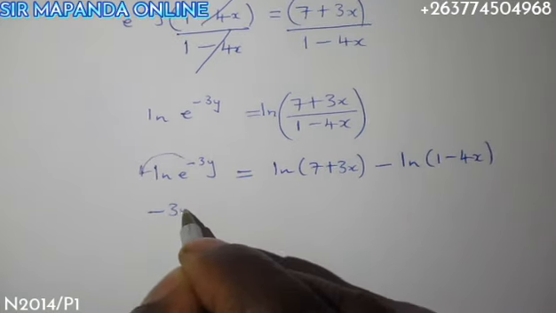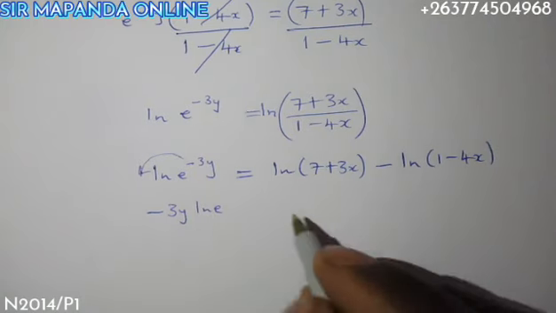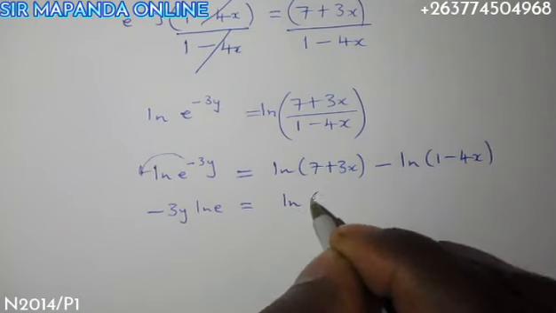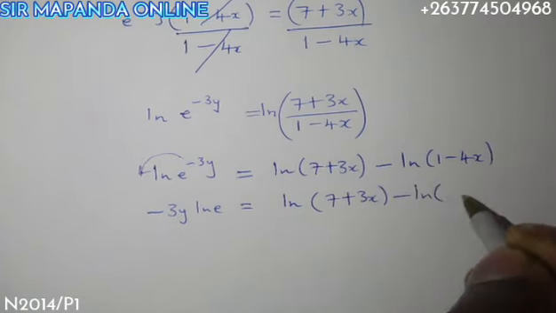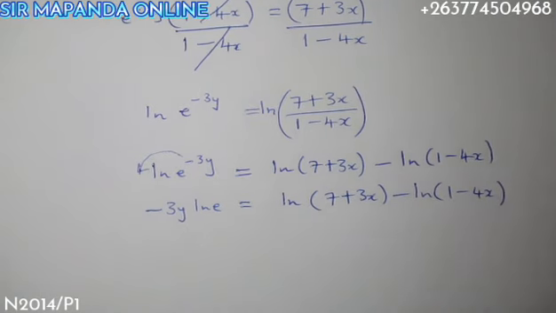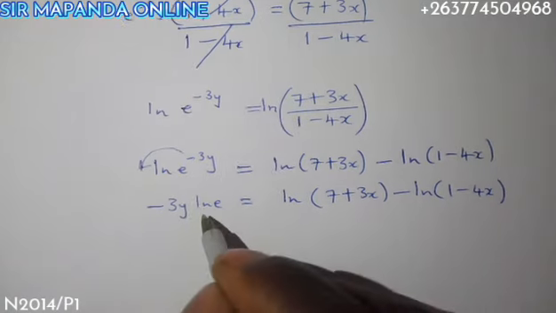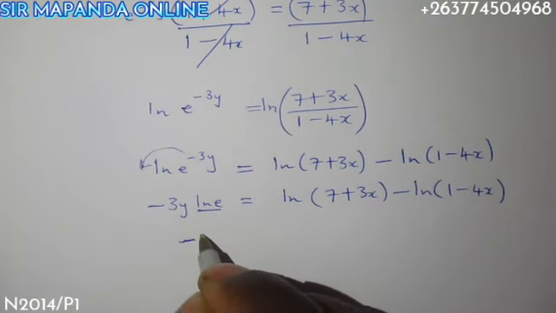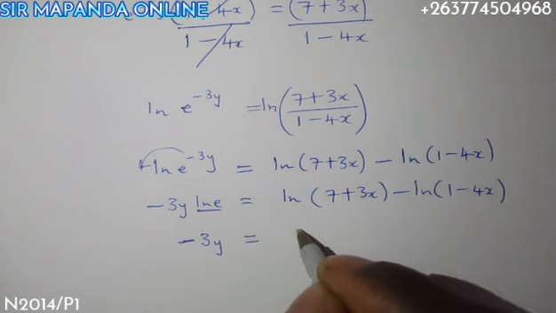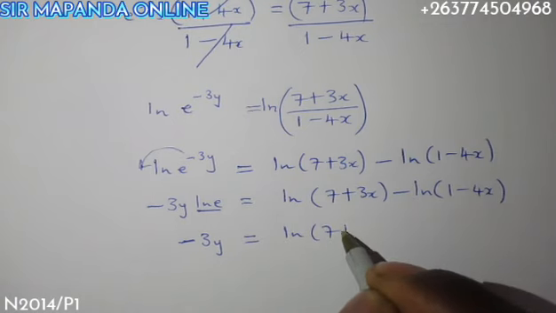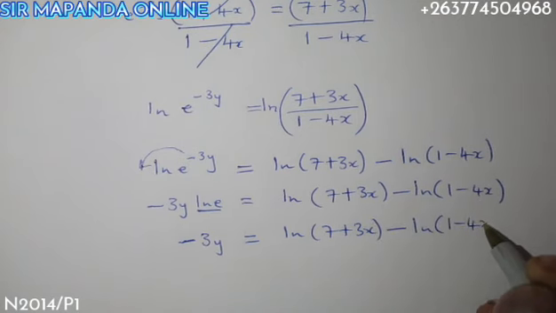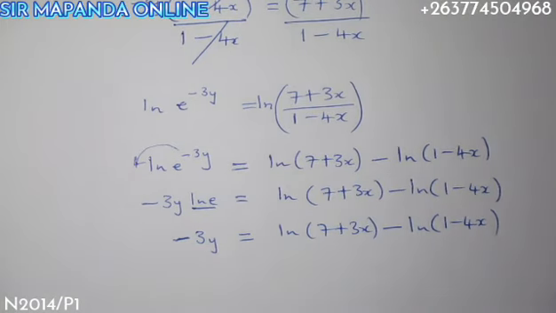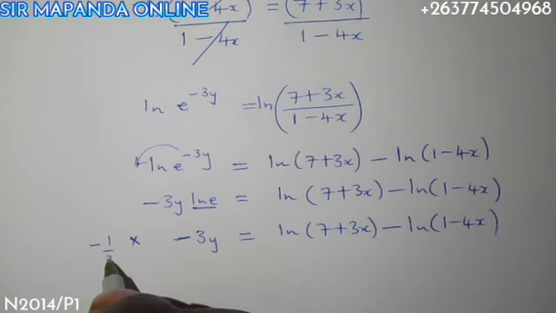You get minus 3 ln e is equal to ln of 7 plus 3x minus ln of 1 minus 4x. So ln e is as good as 1. So you'll be left with minus 3y on your left is equal to ln of 7 plus 3x minus ln of 1 minus 4x.